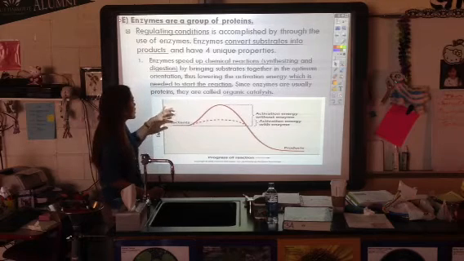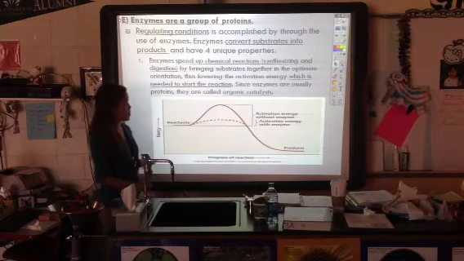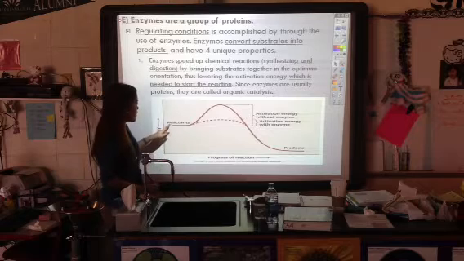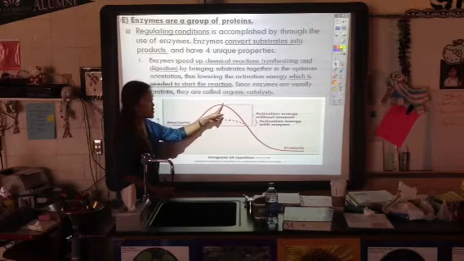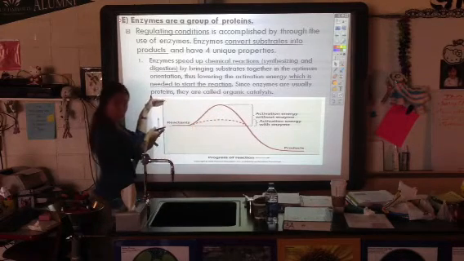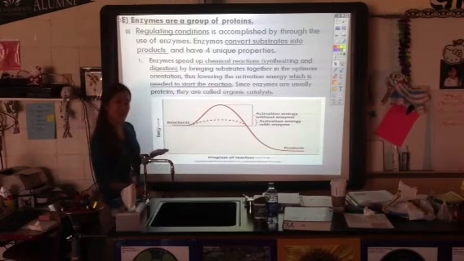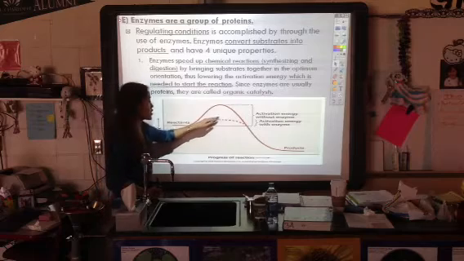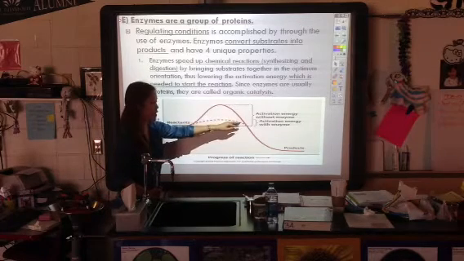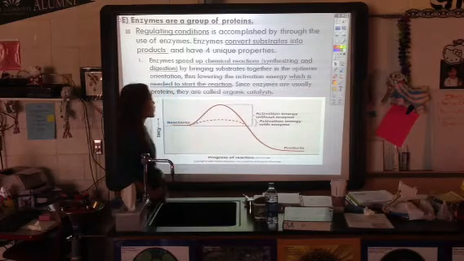So they're going to lower your activation energy. Here on the graph you can see normally this reaction takes this much energy to produce the final product. But when an enzyme is being used, it's actually going to lower that amount of energy needed and still produce your same product.